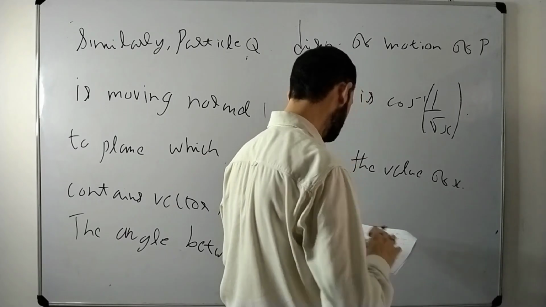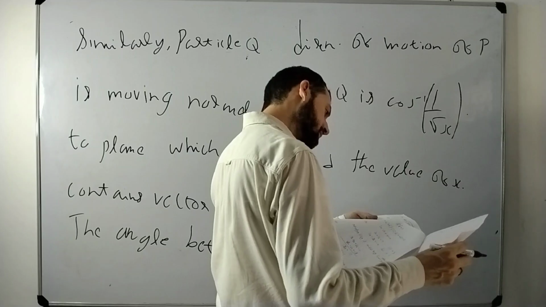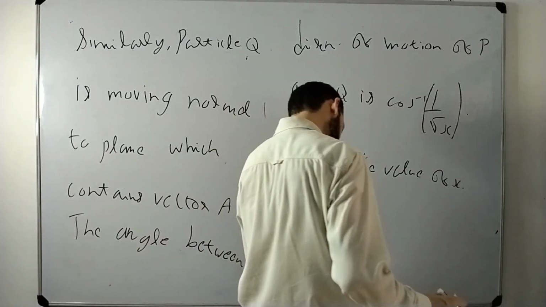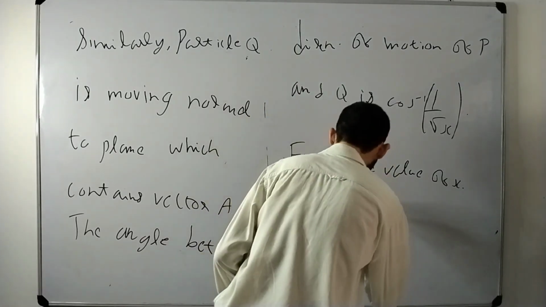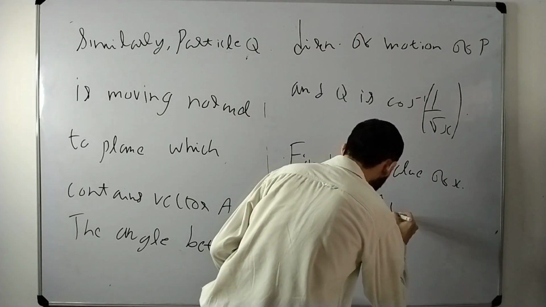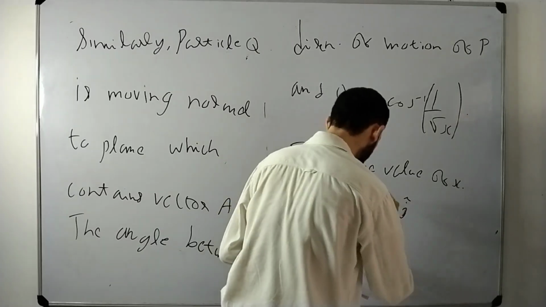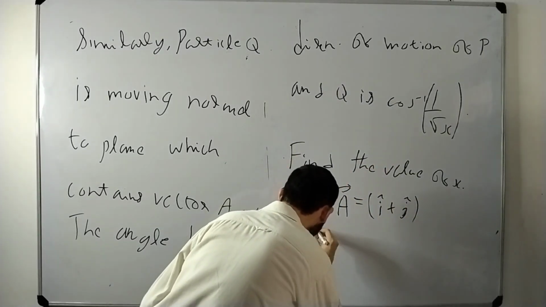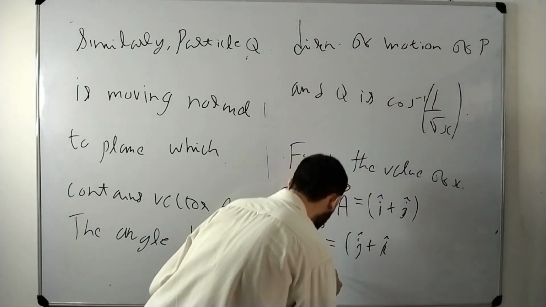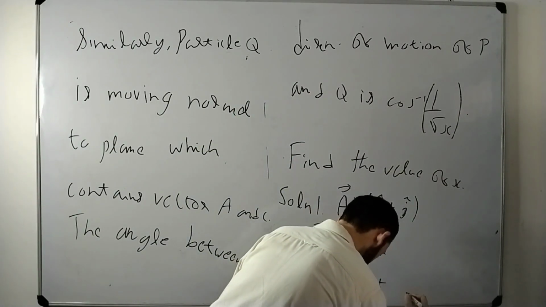Yes, it is given that P, Q, R are moving along vectors A, B and C. So first I write the vectors: A is i cap plus j cap, B vector is j plus k, and C vector is minus i plus j.